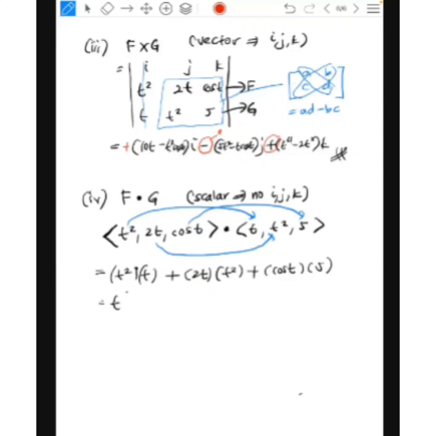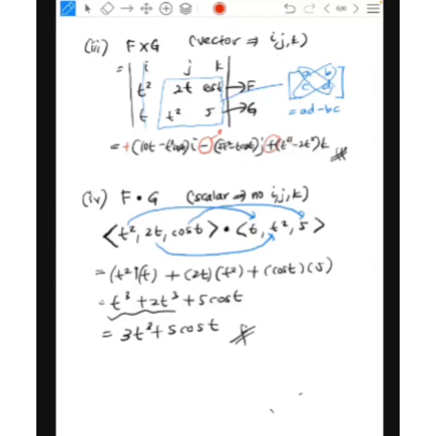So T to the power of 3 plus 2T to the power of 3 plus 5 cos T. Okay, the T to the power of 3 terms can be combined because both are to the power 3. So 3T to the power of 3 plus 5 cos T. So this is your final answer. Okay, so there's a difference between cross product and dot product. If you somehow feel like you are weak in these operations, you may do other examples.